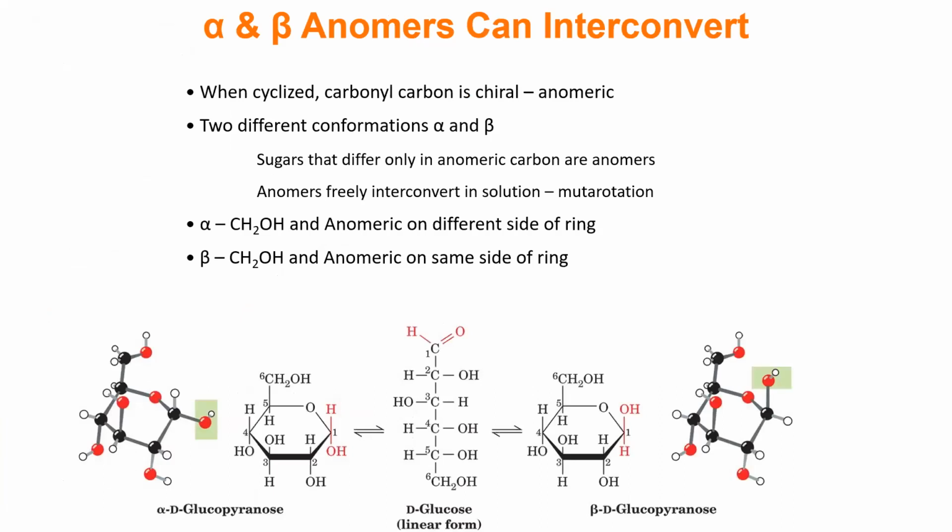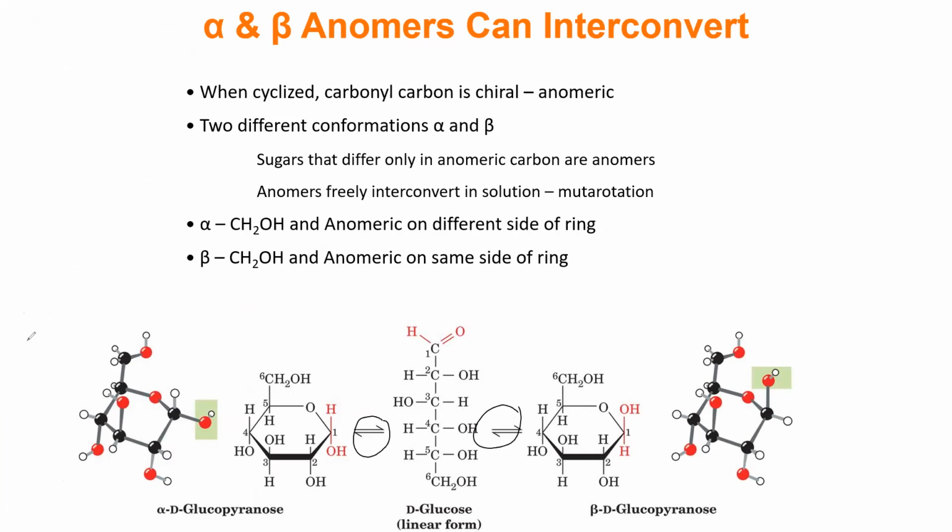So we talked about alpha sugars and beta sugars. And we also said that this transformation between a linear sugar right here and a cyclic sugar, that interconverts inside the cell. You'll form a ring and then you'll open back up.